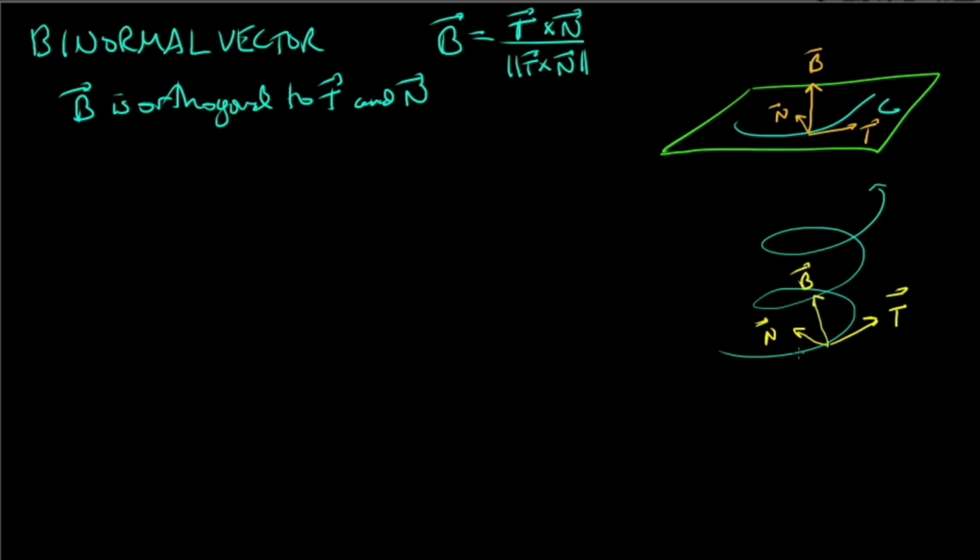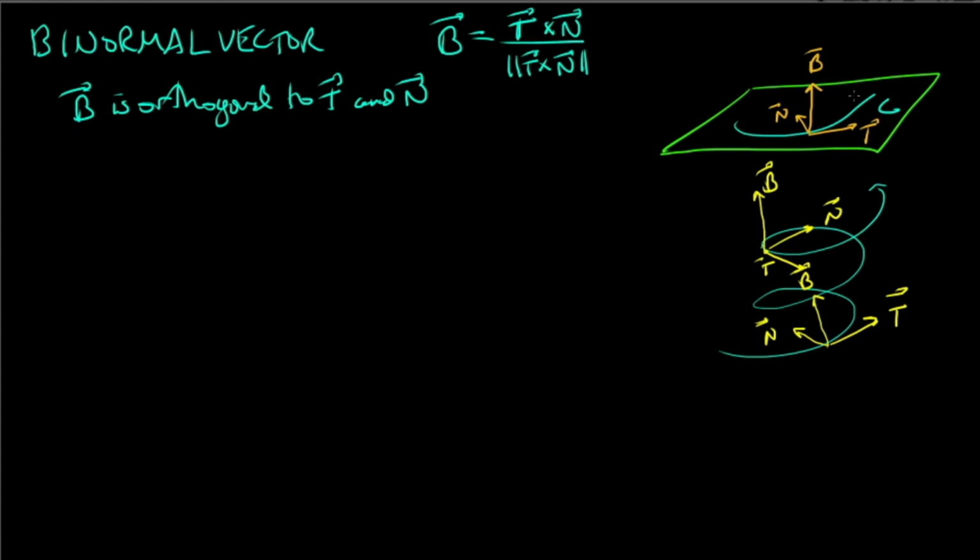And of course, all three vectors change as you move up the helix. At this point up here, let's say T points this way, N points this way, and then B will point perpendicular to the plane in which N and T exist.